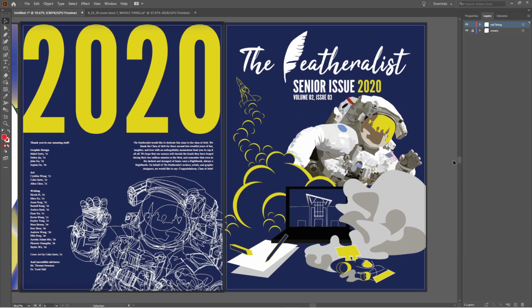You can see that this astronaut has been duplicated and mirrored across onto the back page. And we have highlighted the stroke instead of the fill of the astronaut to provide that complexity and depth within the back.